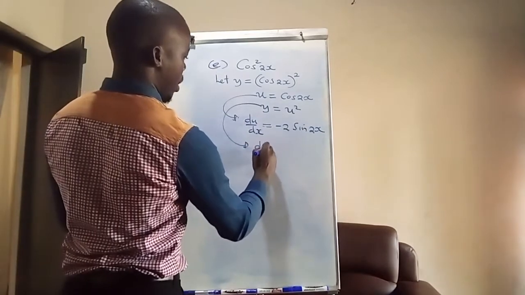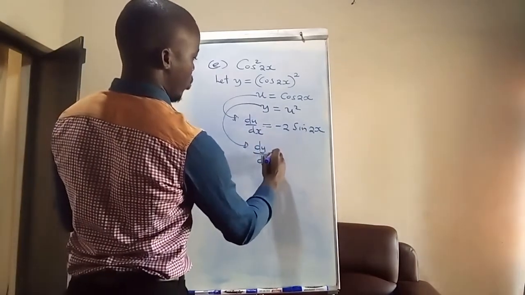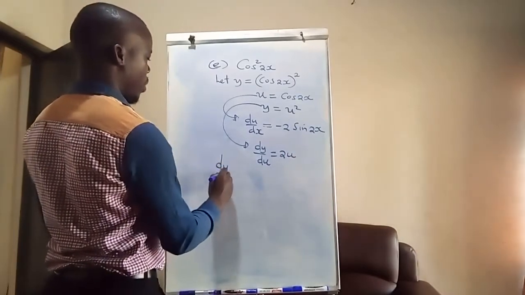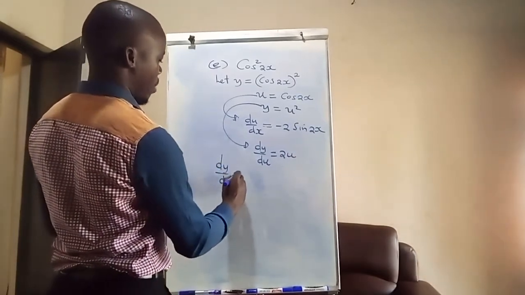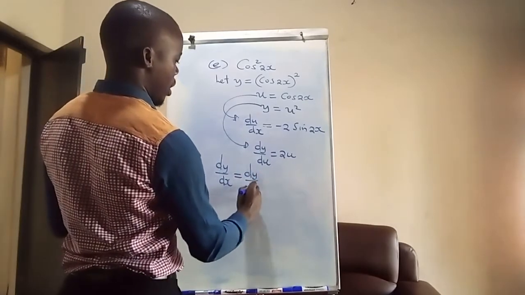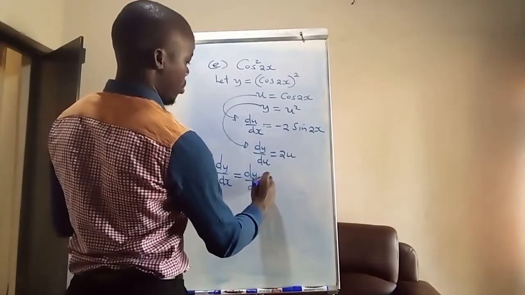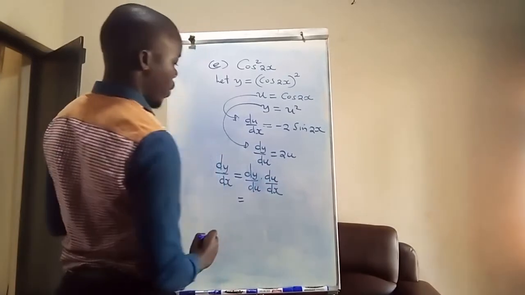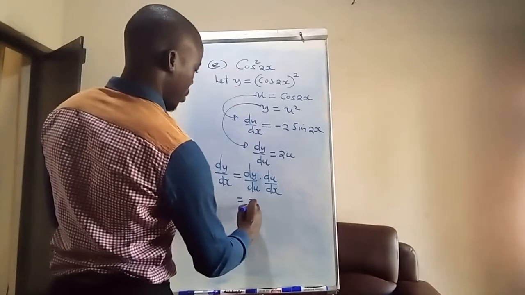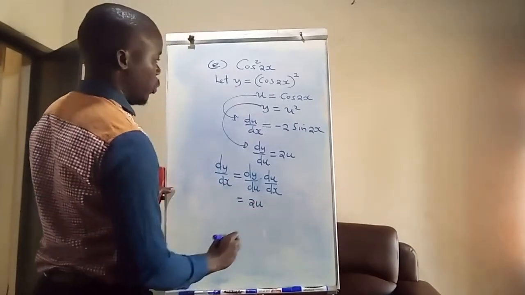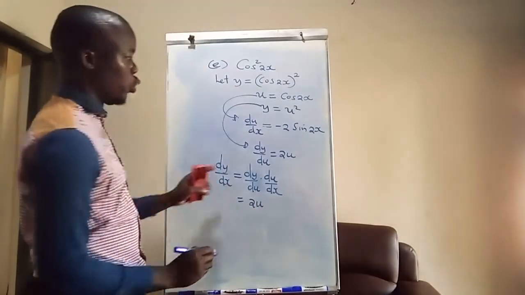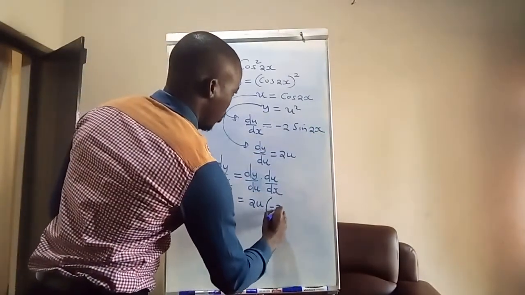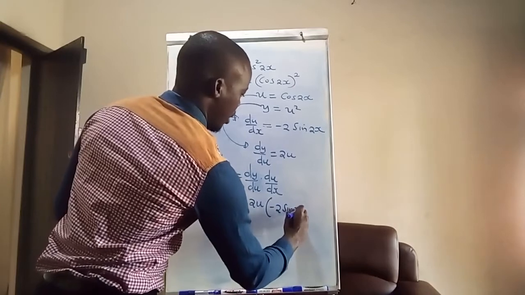So we shall have dy du, and that will be 2u. When we bring in the chain rule, dy dx we are looking for will be dy du times du dx. And that comes to dy du, which is 2u, times du dx, which is minus 2 sine 2x.